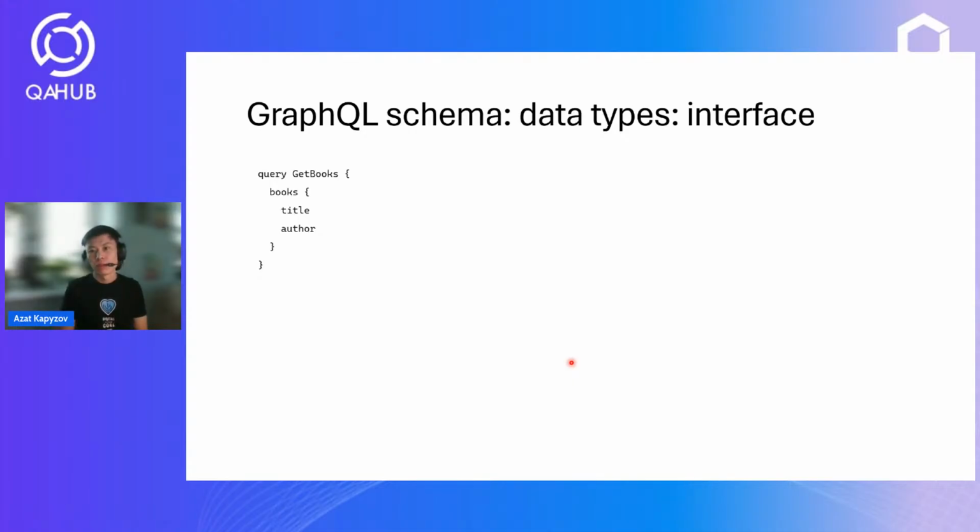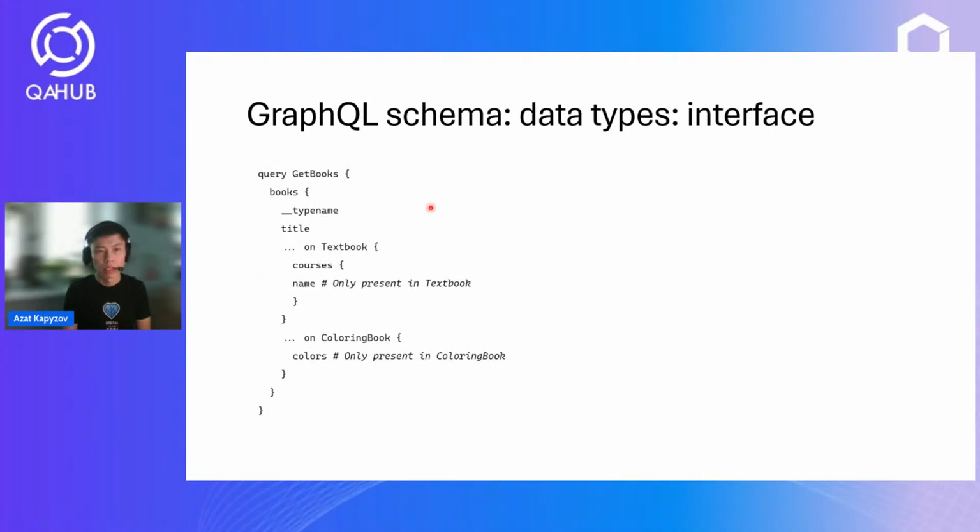If a field's return type is an interface, clients can query that field for any subfields, but clients can also query for subfields that aren't included in the interface. So this query uses inline fragments to fetch a book's courses if it's a textbook, or its colors if it's a coloring book.